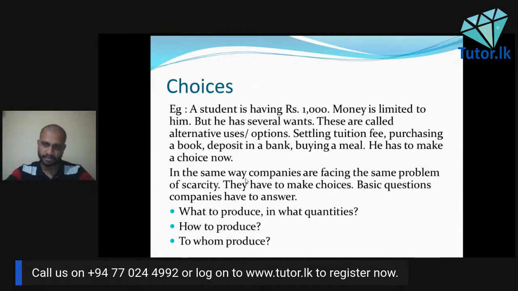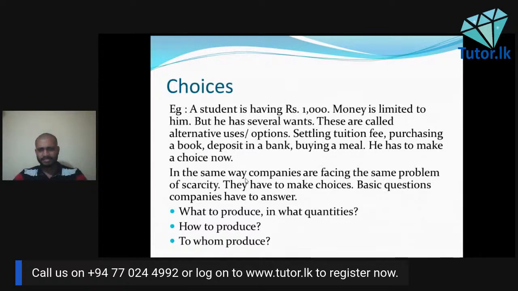According to his preference, or according to the value he adds to these alternatives, he must rank these four. So he might rank like this: purchasing a book, deposit in a bank, settling the tuition fee, buying a meal. So what is the first preference we gave? Sorry, I will repeat.